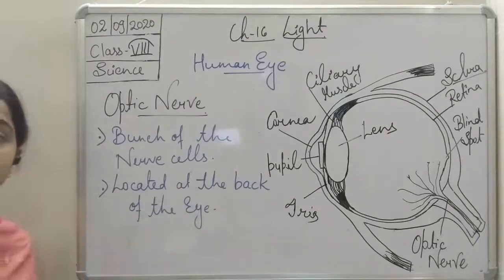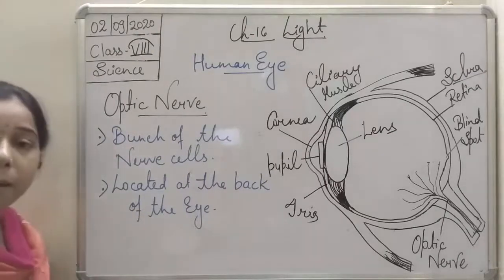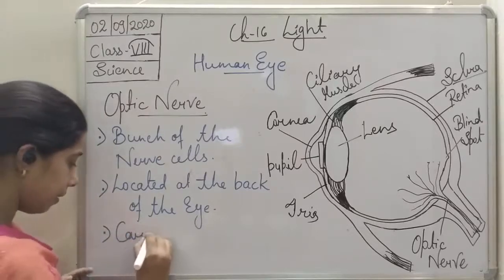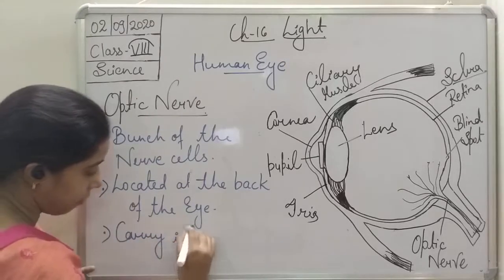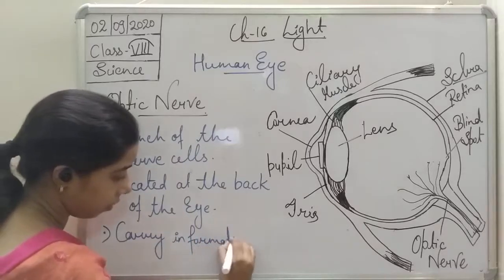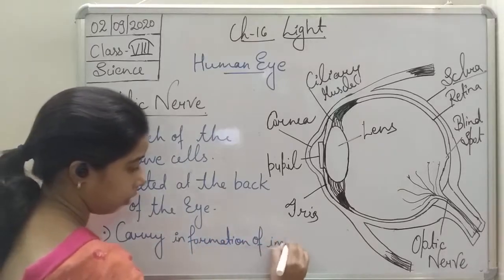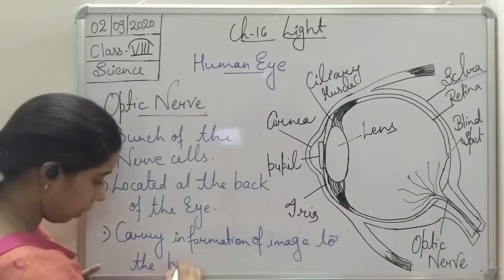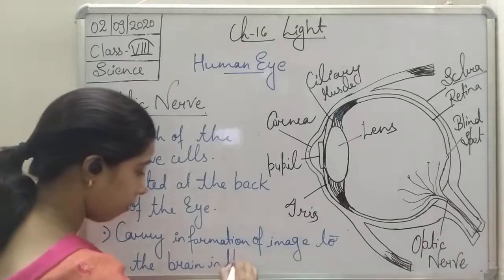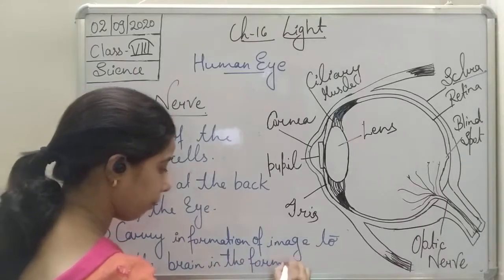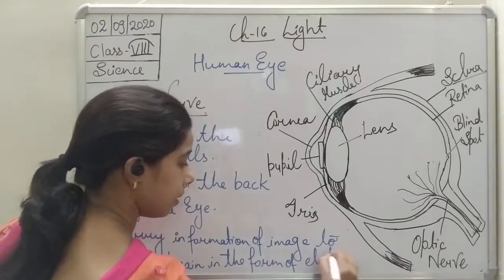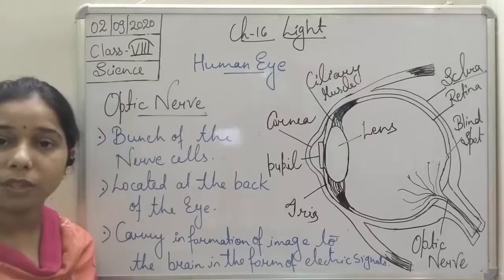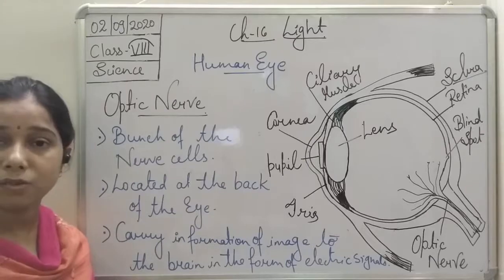Okay, so a bunch of nerve cells is there, students, which is located at the back of the eye. Not only this, it carries information of the image to the brain in the form of electric signals, or we can say in the form of electric impulses.